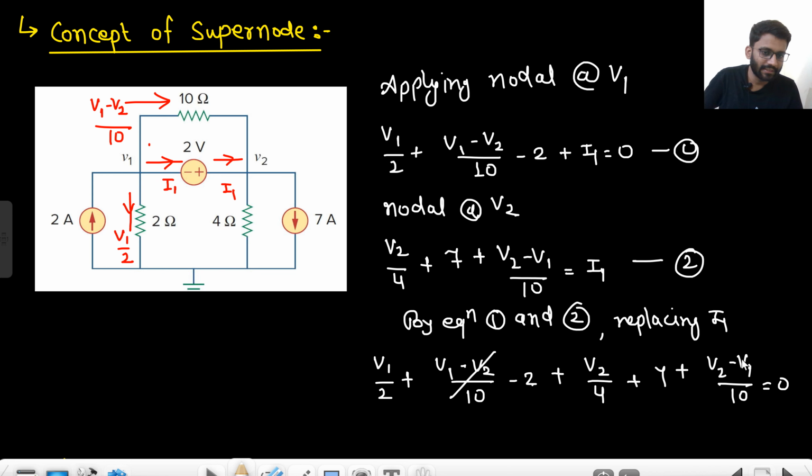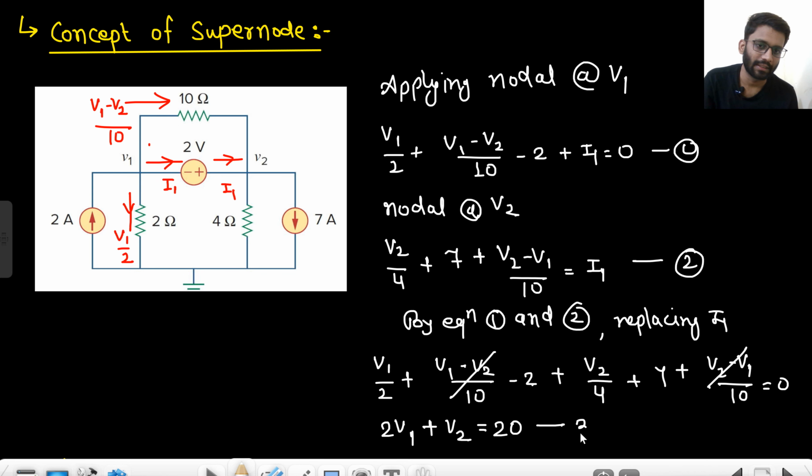This and this is getting cancelled, right? So basically you are left with 2V1 plus V2. This will be minus 5 and then multiplied with 4, 20. This is the third equation you are getting. 2V1 plus V2 equals to 20. Is that fine? Multiplied with 4, this also multiplied with 4. This was minus 5. So 2V1 plus V2 equals to 20.